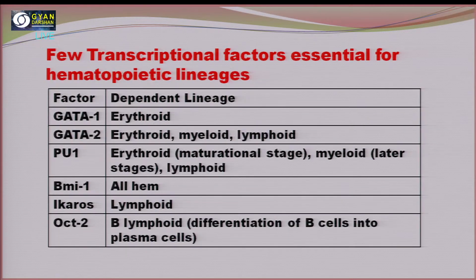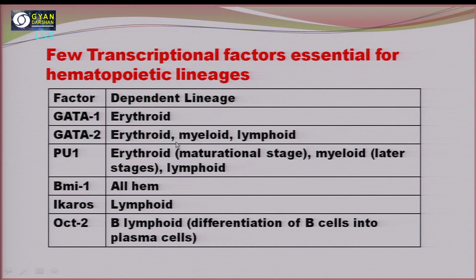You can see here a few transcription factors essential for the hematopoietic lineage. Here is the hematopoietic lineage. They are able to convert into different types of cells. Here are the different lineages. Here is a factor like GATA 1, and it is necessary for the erythroid lineage.